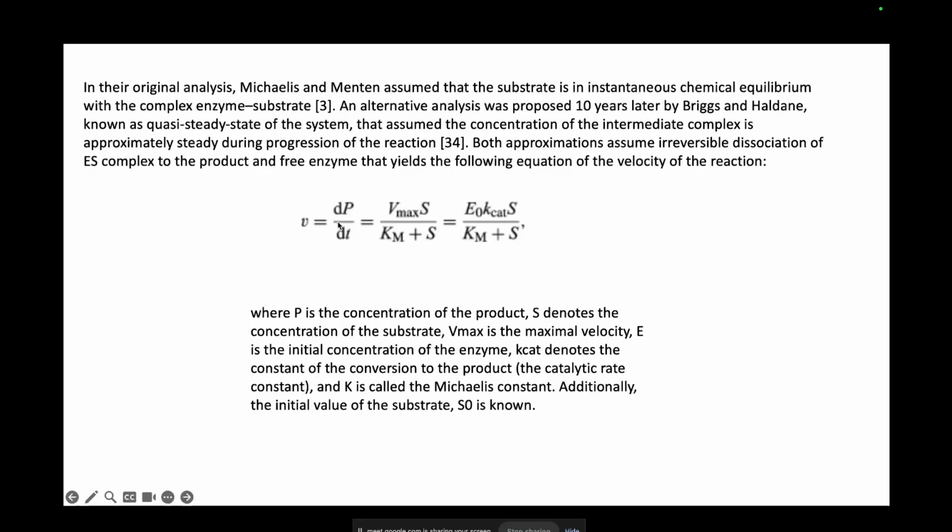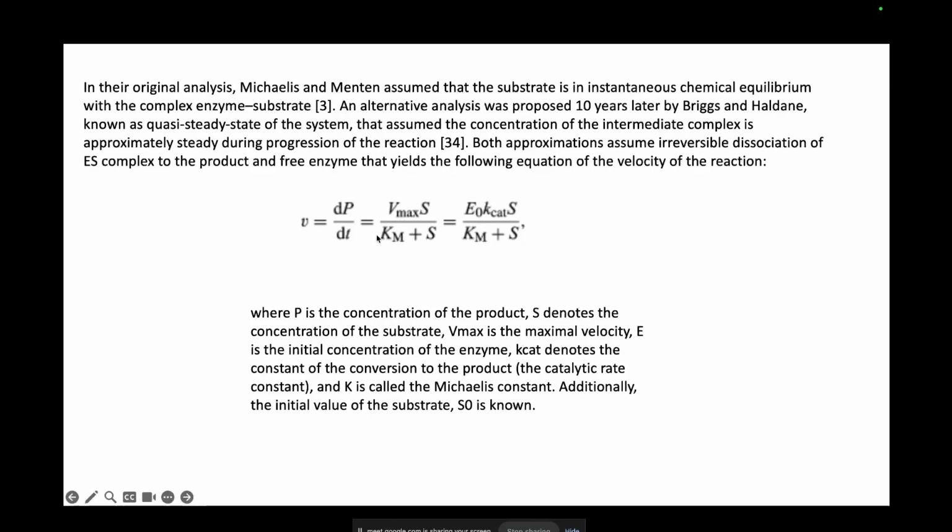Sometimes people misunderstand what the velocity of the reaction actually means. It's just the rate of formation of product. That is the velocity of the reaction. So the curve, I hope you remember, is an exponential curve, and there's a stagnation that comes up, which is the maximum velocity, Vmax, and the substrate concentration corresponding to Vmax by 2 is given by Km.